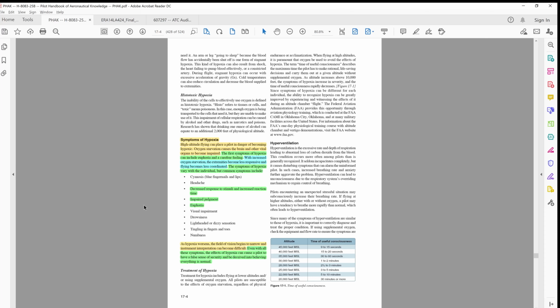Let's go back to that decreased response to stimuli and increased reaction time. The increased reaction time, I think, is going to manifest itself in that slurred and slowed speech with a lot of things, okay? There's a documented case of a pilot who said they wanted lower, and the controller's like, okay, what altitude would you like?